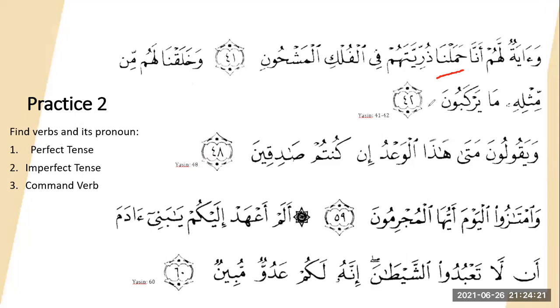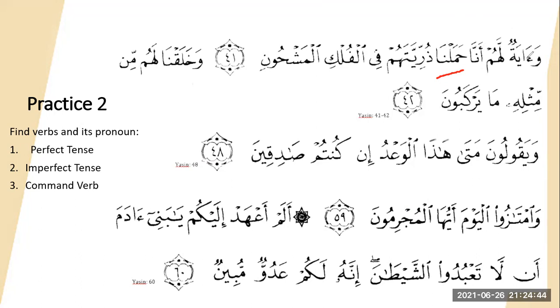Carry something in your belly. Right? Carry in your belly. Hamalna. So the translation is we have carried. So that's how you identify the verb, because the others are all nouns.